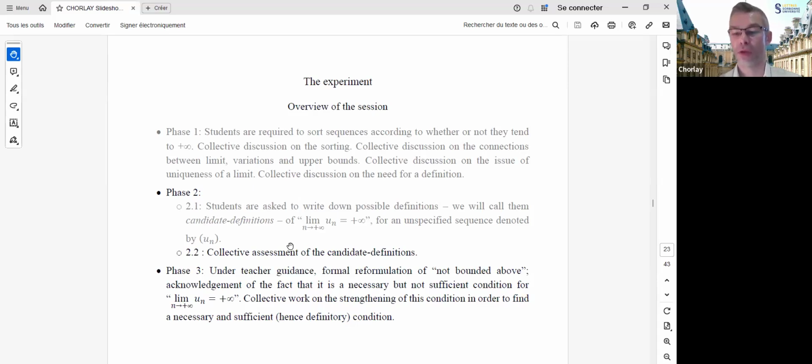That is, some students say, oh, tending to positive infinity means only to positive infinity. And some say, no, this one tends to positive infinity and negative infinity. That guy tends to positive infinity and zero just as well. And we make students vote and explain to one another their arguments, etc.